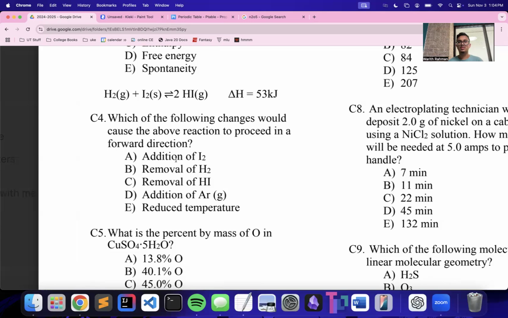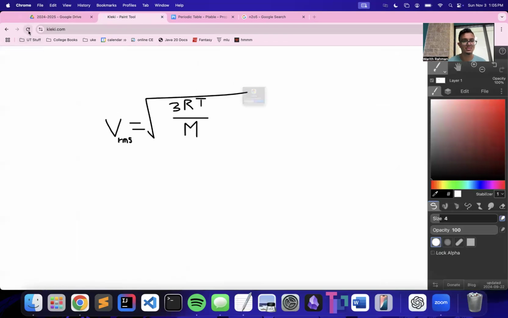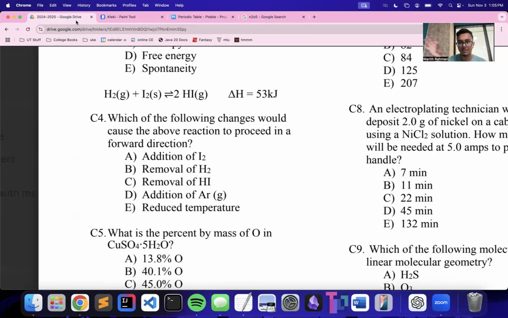However, we have to think about this in terms of the whole, what's it called, the rate constant? No, the whole equilibrium constant formula. That's what I meant to say. So in this case, our equilibrium constant is going to be equal to all our products, our gaseous products and our aqueous products.